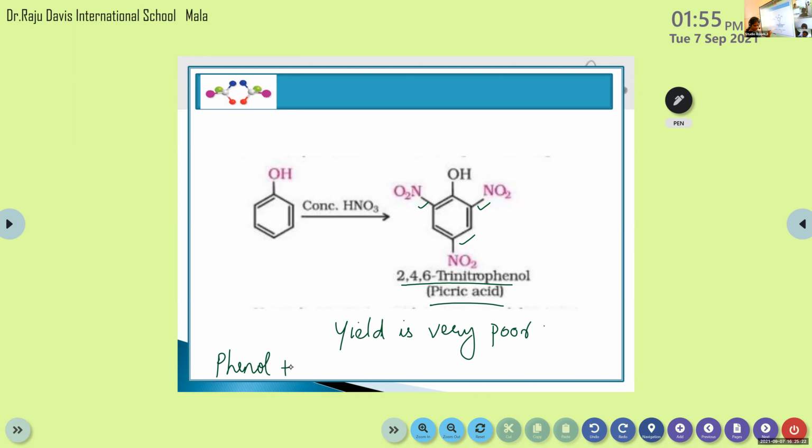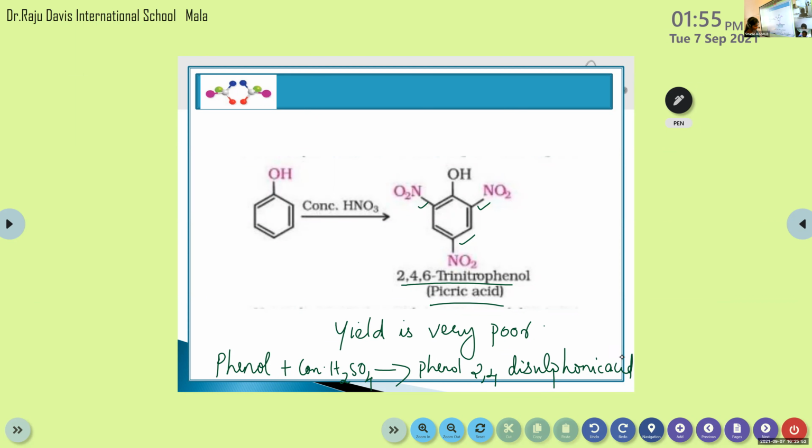Phenol plus concentrated sulfuric acid forms phenol 2,4-disulfonic acid. First, we convert this phenol on reaction with concentrated H2SO4 to phenol 2,4-disulfonic acid.